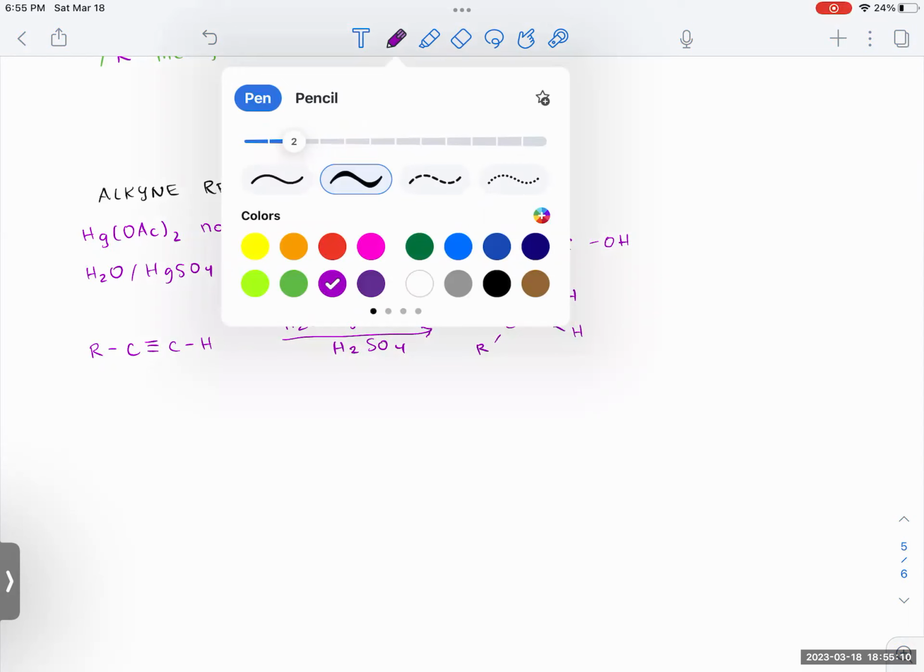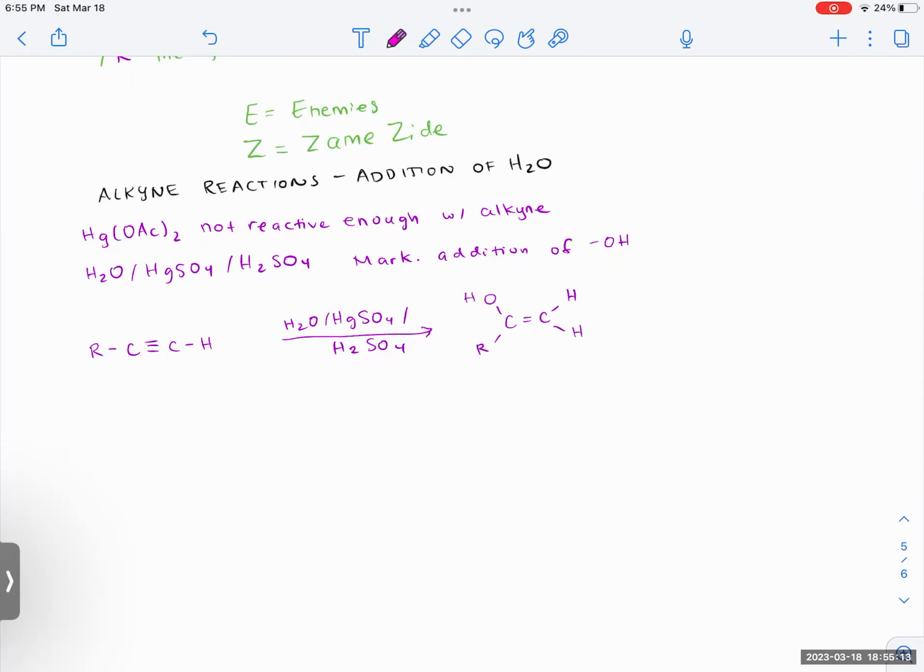The first part, you end up having Hg2+. And by the way, it is a stronger acid, so it reacts with water to dissociate.